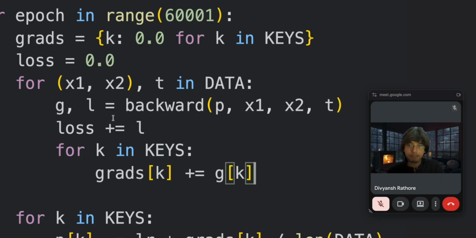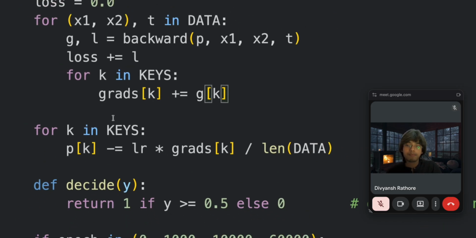And now once we have this data, we can come back here and make the changes. So this is the point where we are nudging, right? In our parameter dictionary, you remember we are doing old value minus learning rate times the gradient.